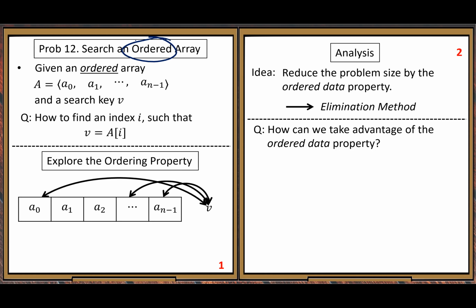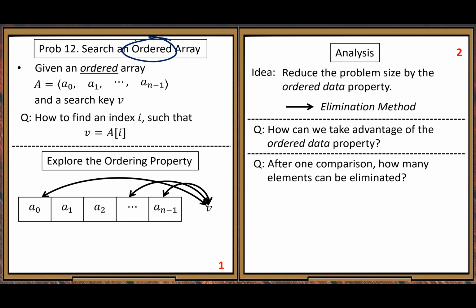You can do a comparison with any one of them. If you are very lucky, after one comparison, how many elements can be eliminated? Let's look at it using the elimination method. After one comparison, you can make a good prediction because the data is ordered.